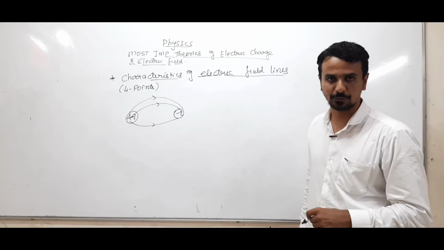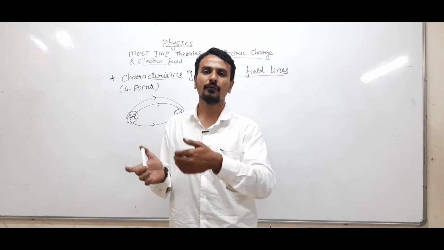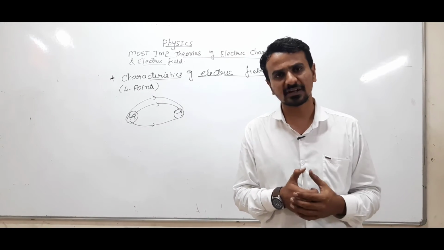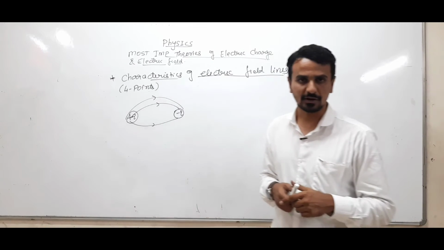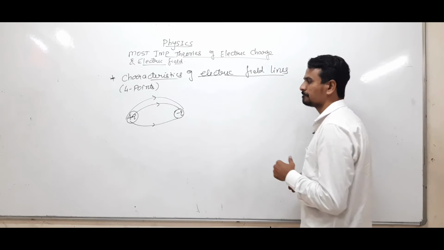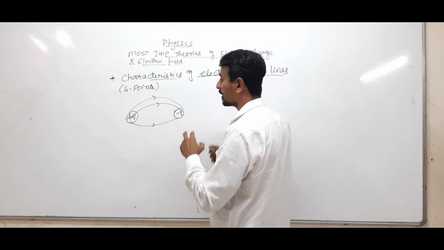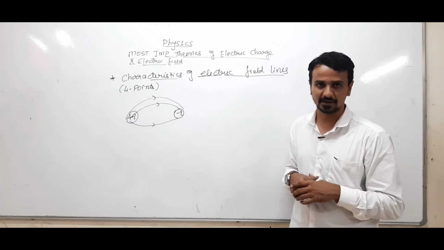So this will be your first point, that field lines emerge from positive charge and end at negative charge. If there is only a single positive charge, field lines can move up to infinity. That means field lines are not continuous. They start from plus, but they end at minus.